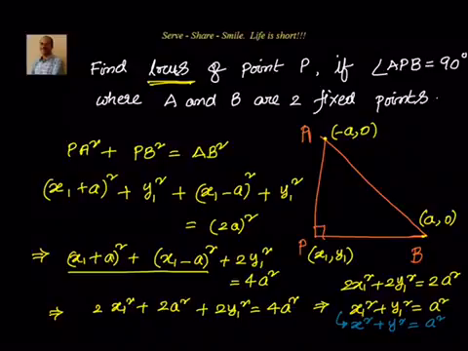Now, what is x square plus y square equal to a square? It is a circle with center at 0, 0 and a radius of a. So this is radius, this is also radius, this is also radius.